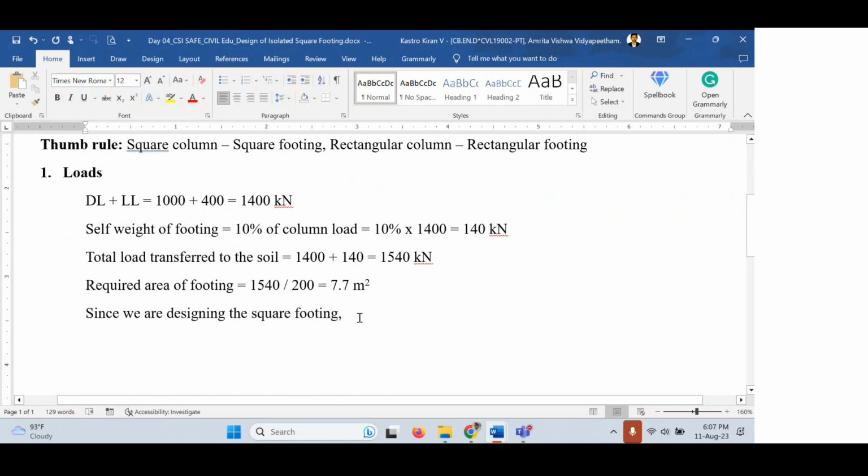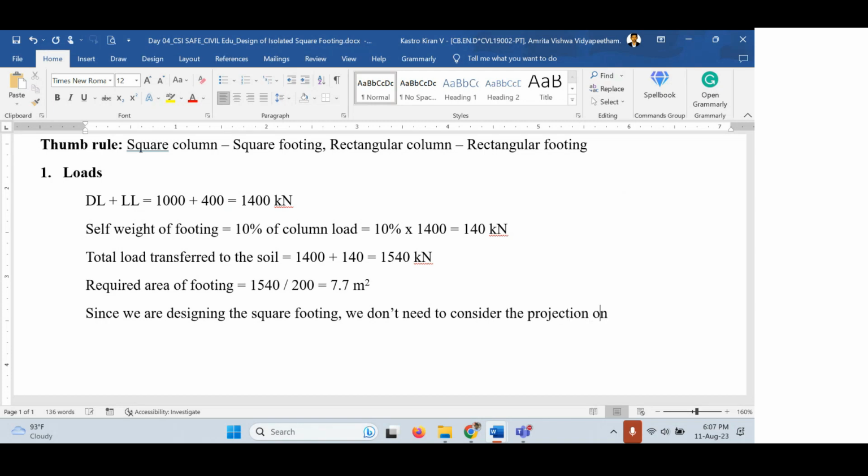As we are designing the square footing, we don't need to consider the projection on all sides of the column. Why? What is the reason for that?